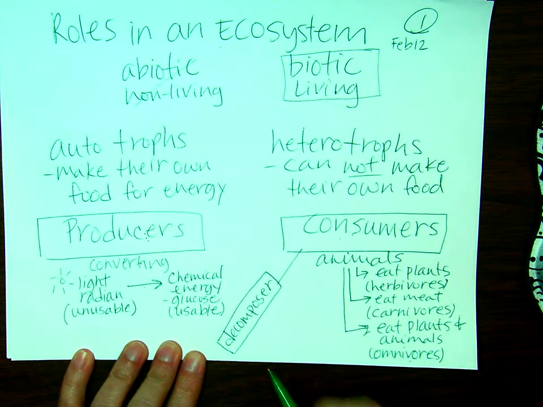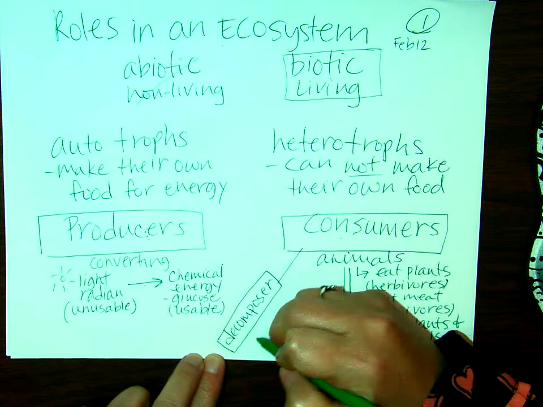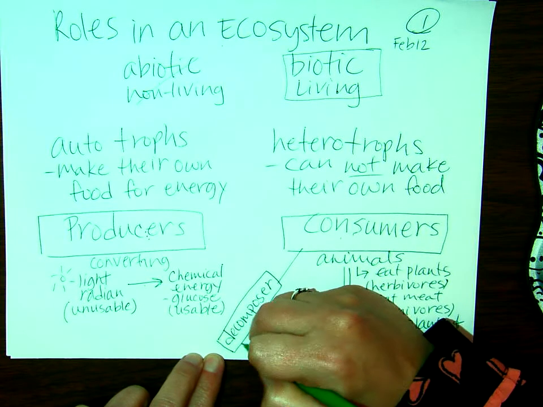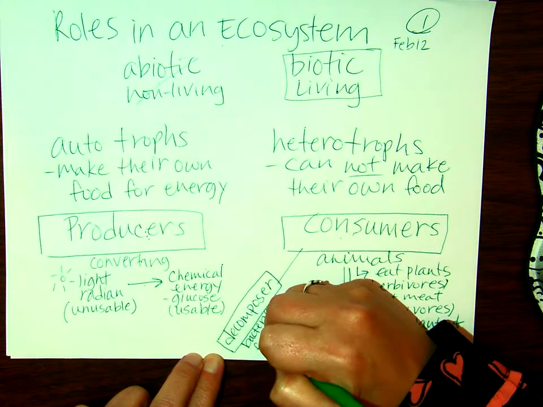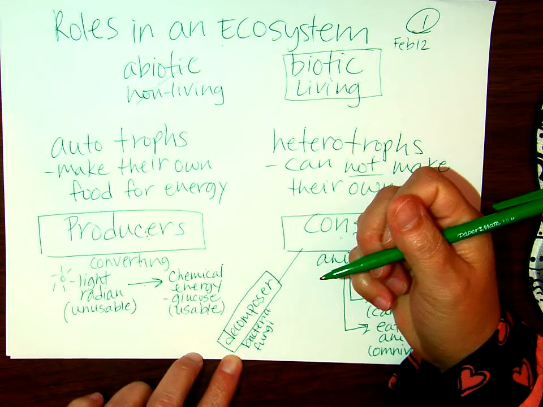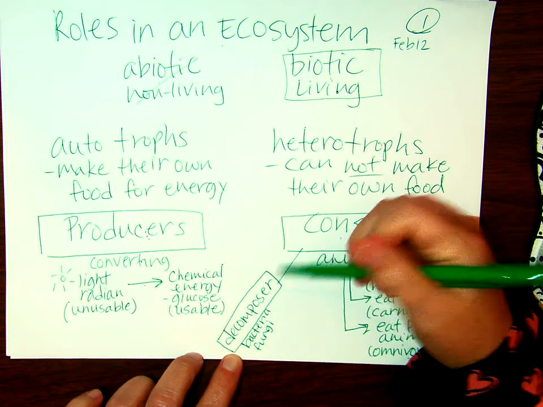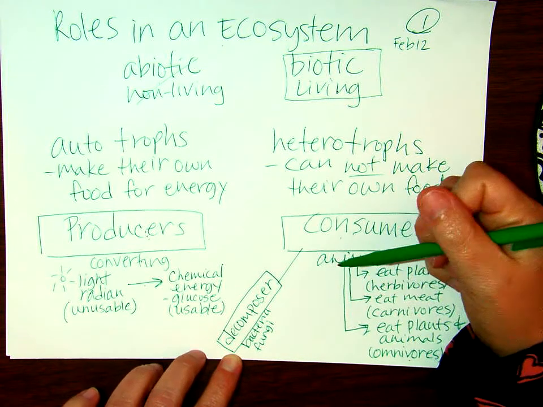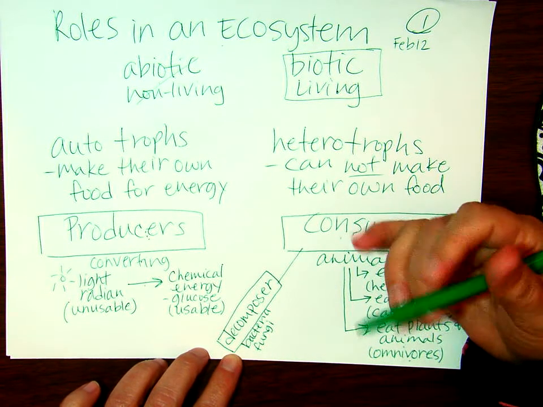A decomposer is a type of consumer. So an example would be like bacteria, fungi, or earthworms, pill bugs. And they have to eat. They can't make their own food. They have to eat something else for energy. But they do something else also.